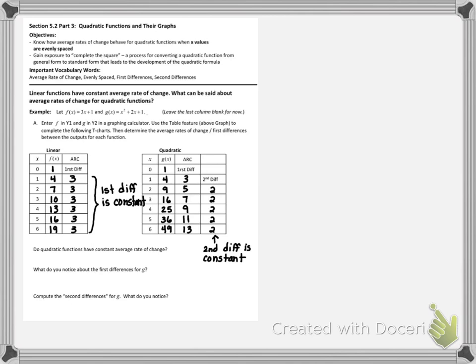So I think we covered all of this already. No, quadratic functions do not have a constant average rate of change.